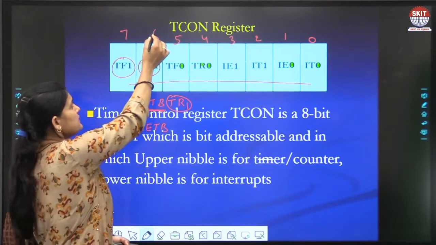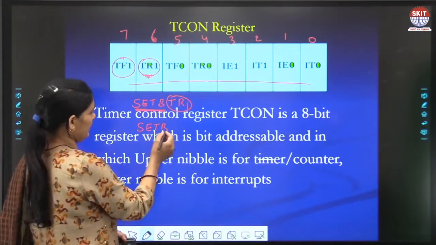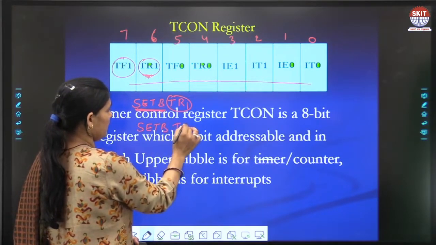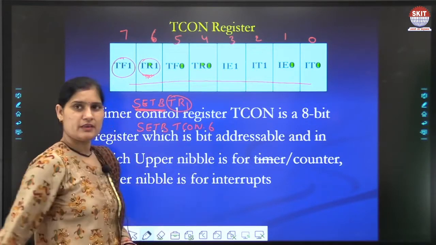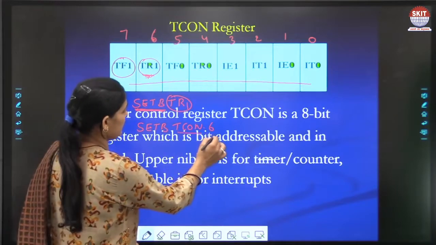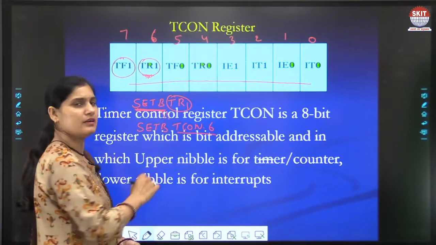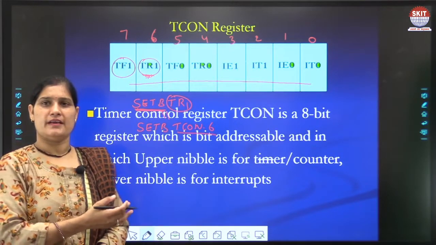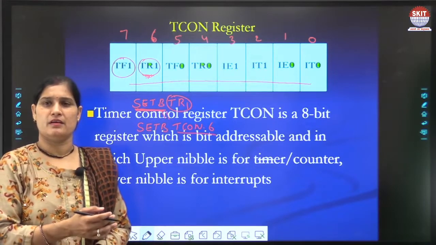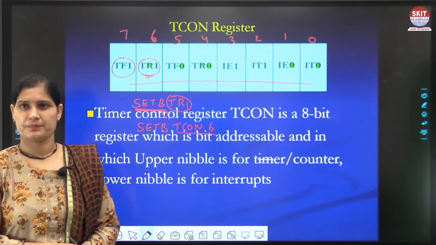This is bit number 6 in the TCON register, okay. So you can write SETB TCON.6, okay. TCON.6 and TR1 are similar instructions. You can write SETB TR1, and you can also write SETB TCON.6, okay.